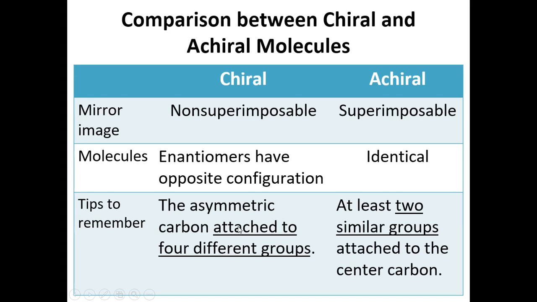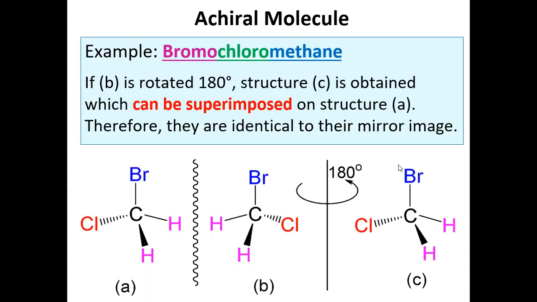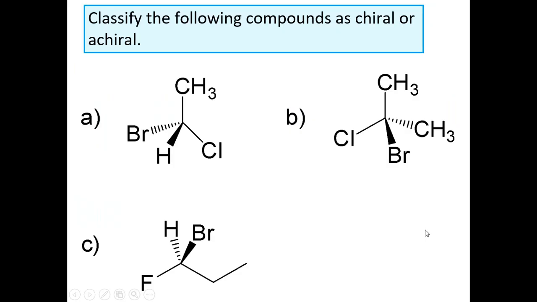For example, we have methane, where the carbon can be attached to four groups, atoms, or molecules, each different. For achiral, at least two groups are similar. Example, in the previous slide, there were two hydrogen atoms. So we call it achiral.